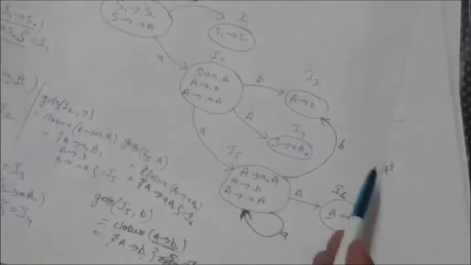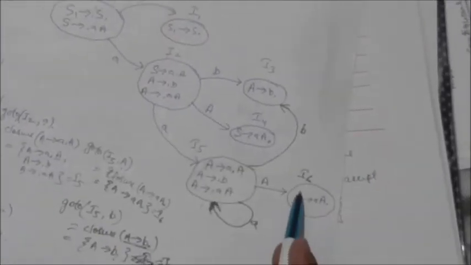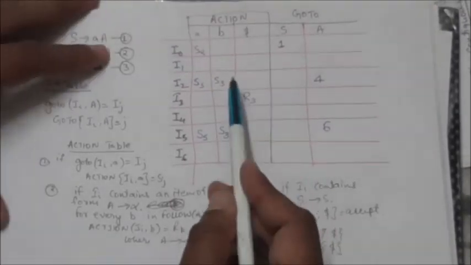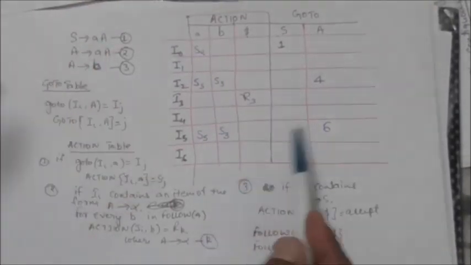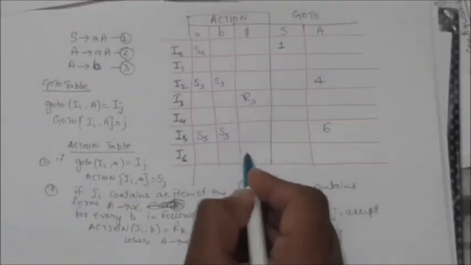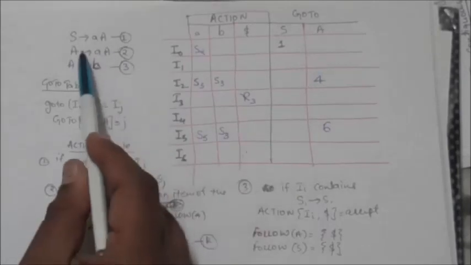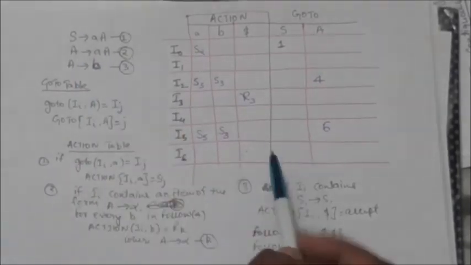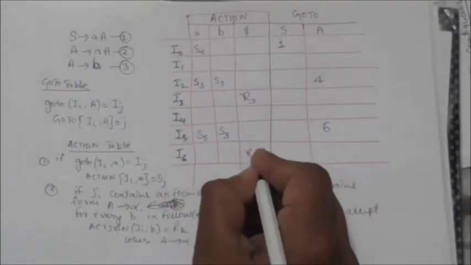So in the row labeled by I6 and column labeled by dollar, now see what is the number of this production rule. A derives AA, it is 2. Here I will write R2.